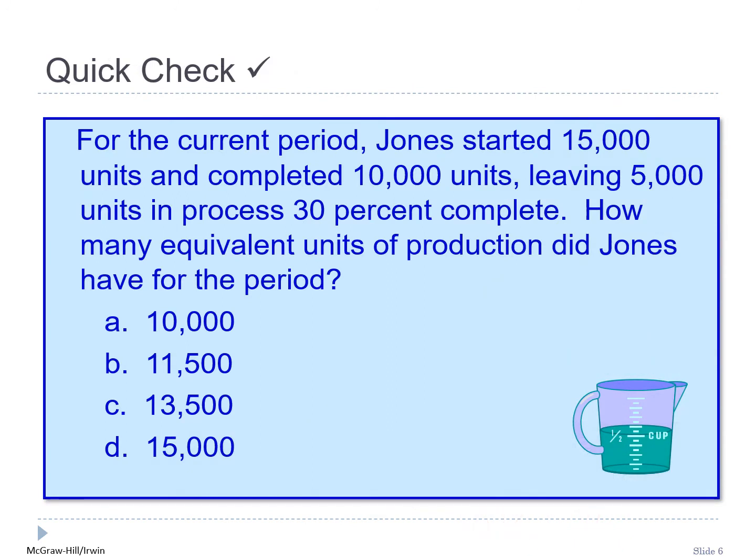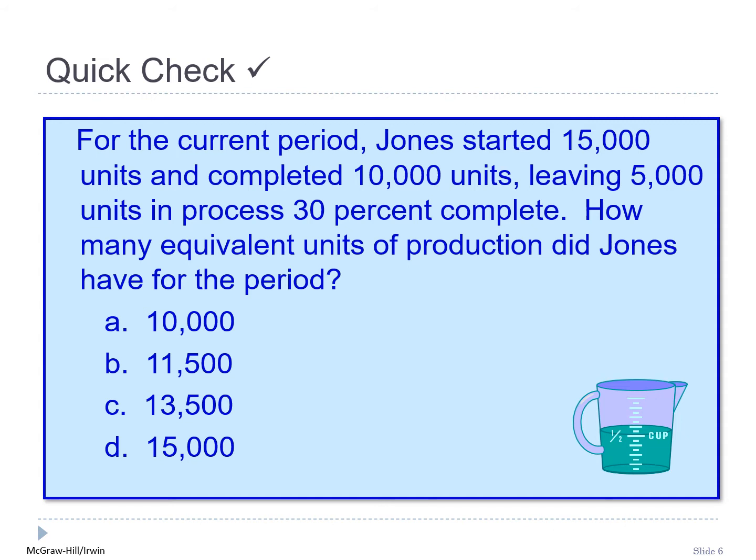And quick check. So let's try. So let's apply the concept discussed for EUP. So for the current period, Jones started 15,000 units and completed 10,000 units, leaving 5,000 units in process, which are 30% complete. So sabi niya, how many equivalent units of production did Jones have for the period?